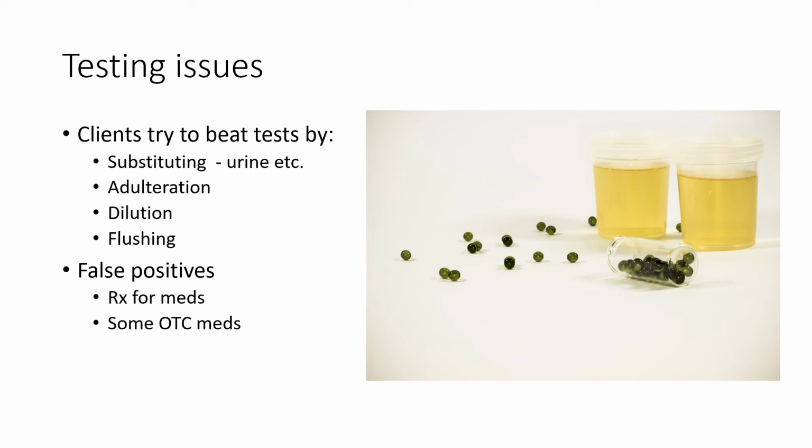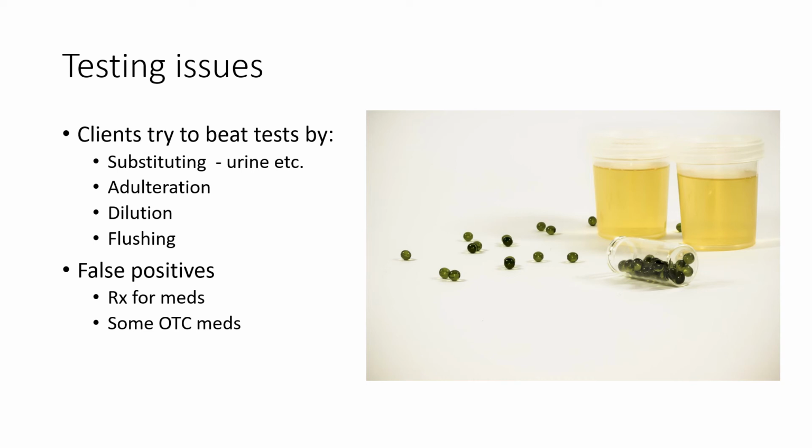Diluting: many testing sites do not allow the person to have a sink or access to water or have water in the toilet when they go in to use it. And also people try to flush by consuming large quantities of liquids. All of these can be detected if the person doing the testing keeps a very close eye on the urine leaving the body, entering the container, and then the container up until it's turned over to them.